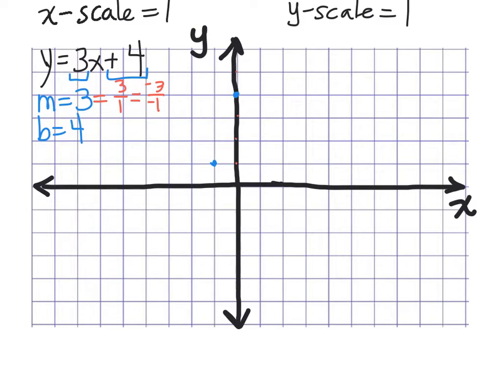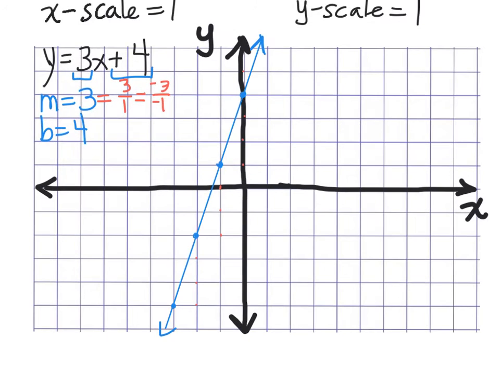Applying my slope again, so going down 1, 2, 3 values and a run of negative 1 over to the left 1 value, I now have another point on my line. And apply that again, down 1, 2, 3, and left or backwards 1. So here's another point on my line. So now I'm going to draw the line. And there's my line that goes through those points.